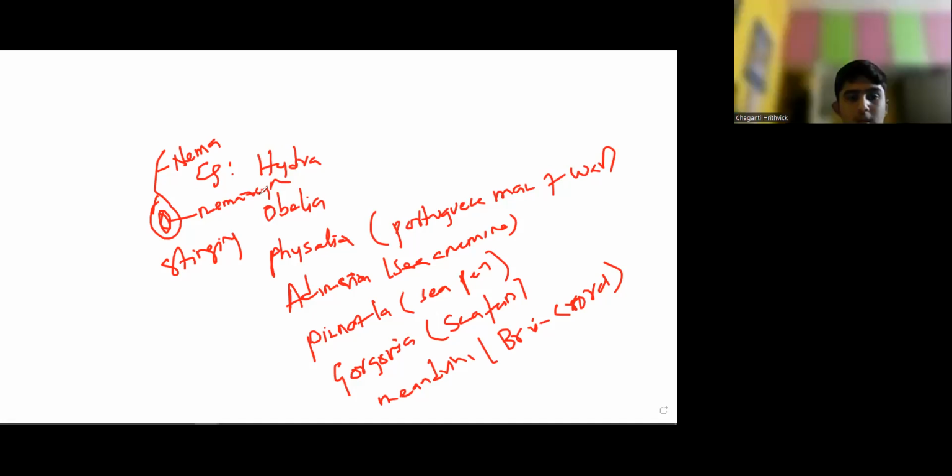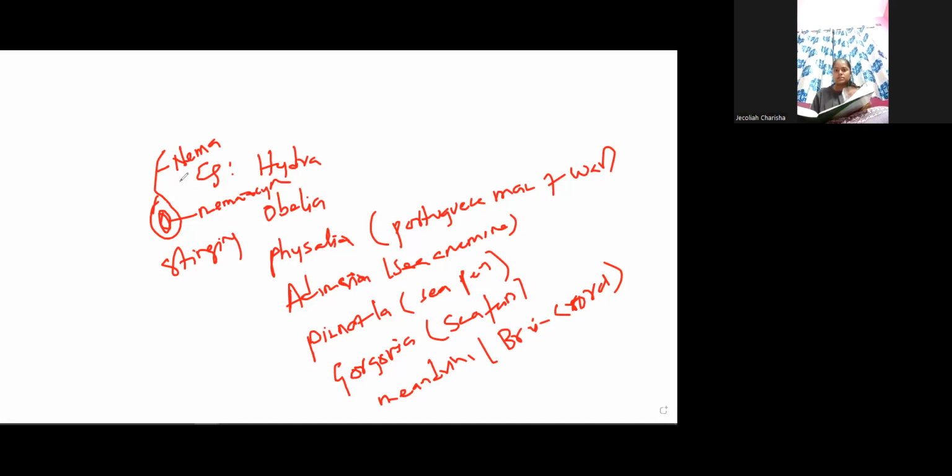So this is about Cnidaria or Coelenterata. Now you tell me, what is the level of organization? Tissue level, diploblastic, radially symmetrical, acoelomates. The body wall encloses a cavity called gastrovascular cavity or coelenteron, open out through mouth located on hypostome.